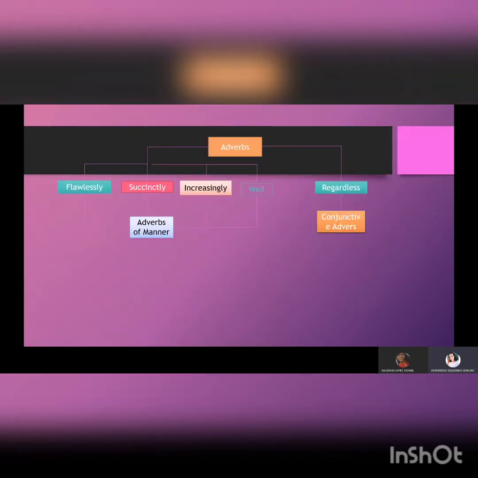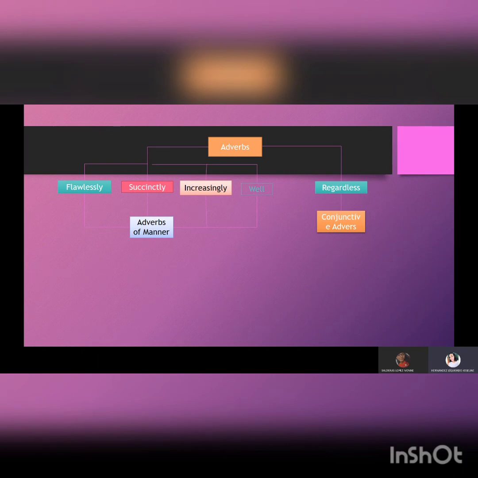The last category is adverb, or adverbs. In adverbs, we can find flawlessly, sensitively, increasingly, and well. They are adverbs of manner. The adverbs of manner provide more information about how a verb is done.